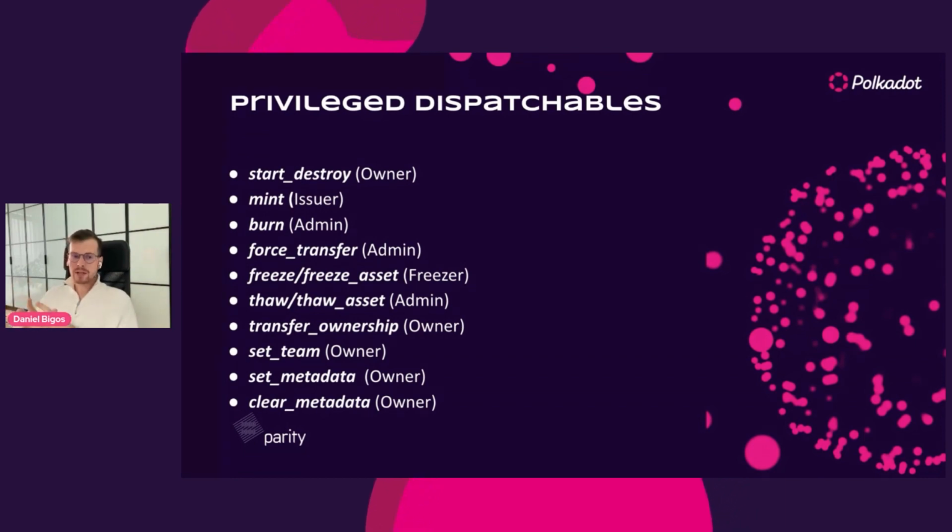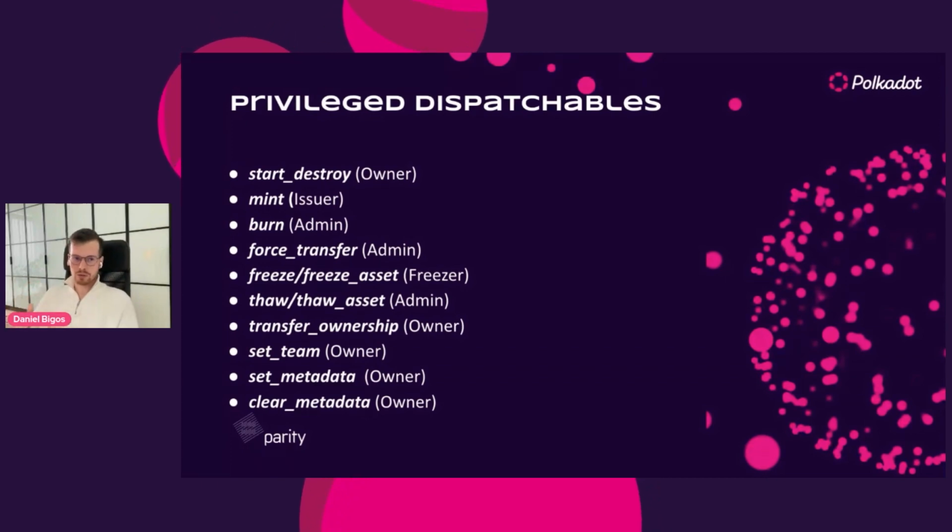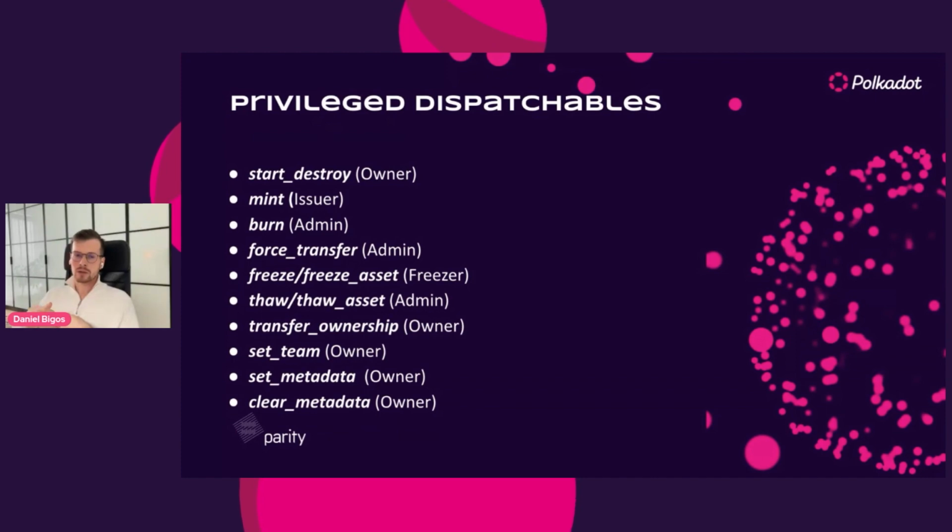We can do some forced transfers. And what is a forced transfer? It is a transfer done without asking for permission. So anyone with the admin right can transfer my money without asking me for permission to do that.